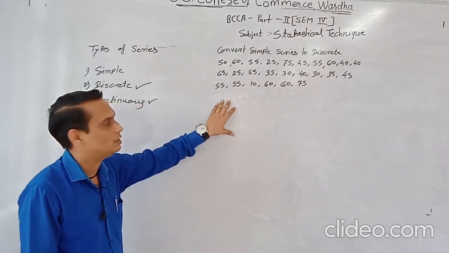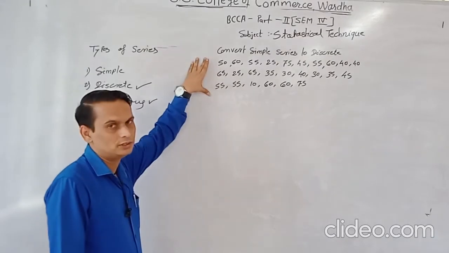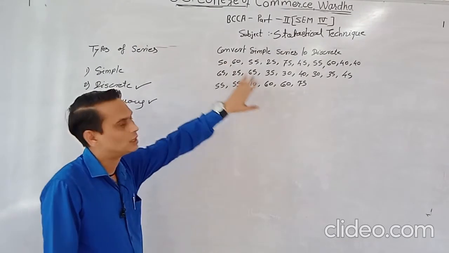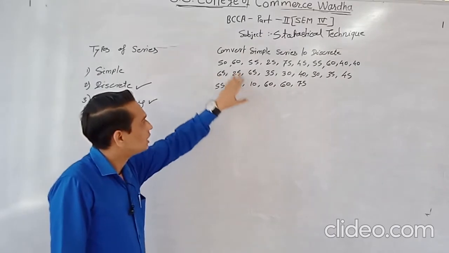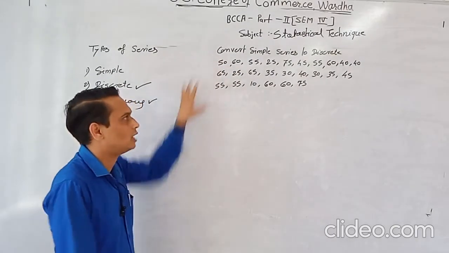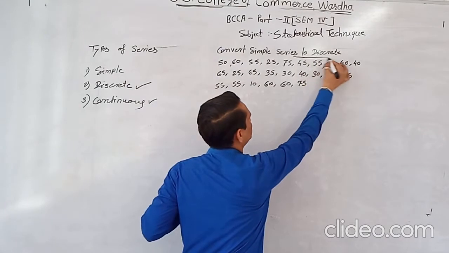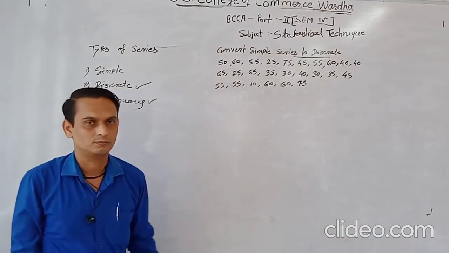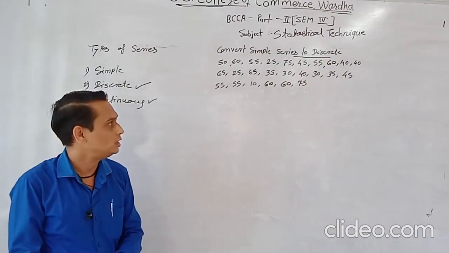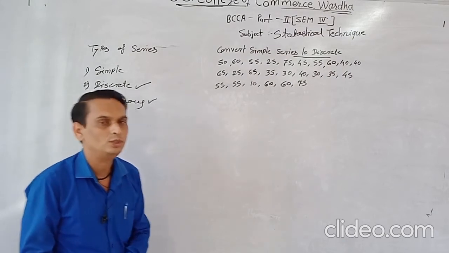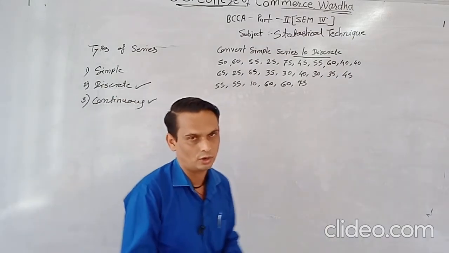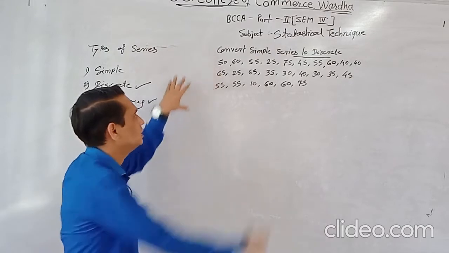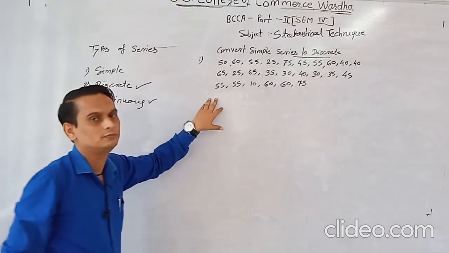Okay. Firstly, we have the simple series on the board, with some values available. This simple series can be converted into a discrete series. To convert it into a discrete series, we should follow some steps. Number 1, the example is given.